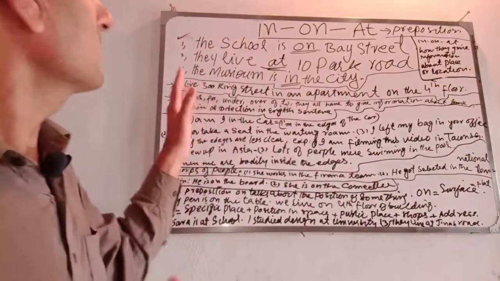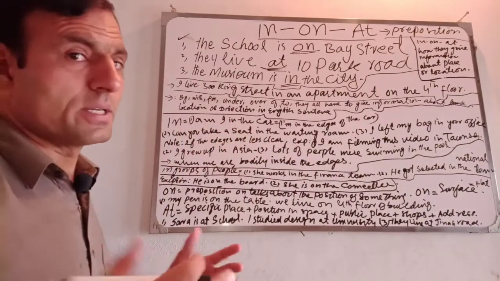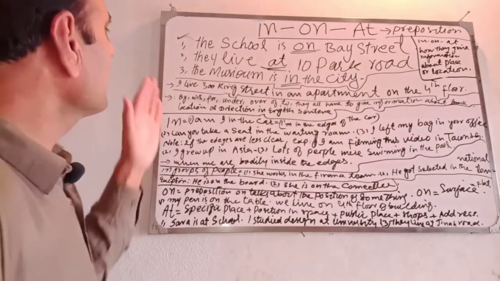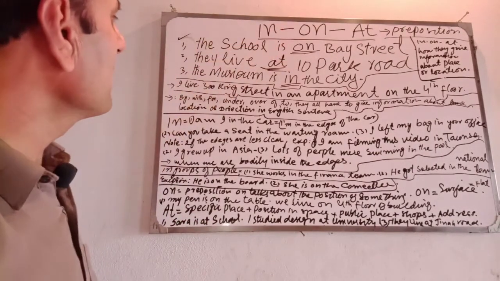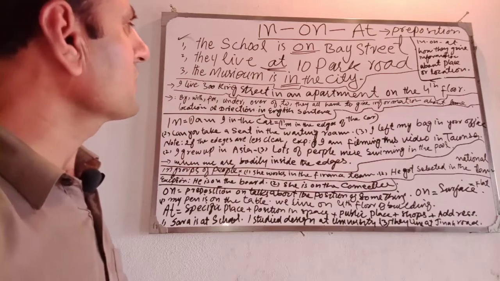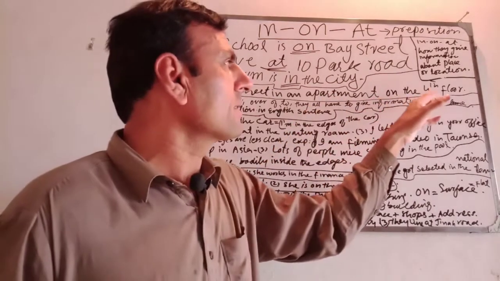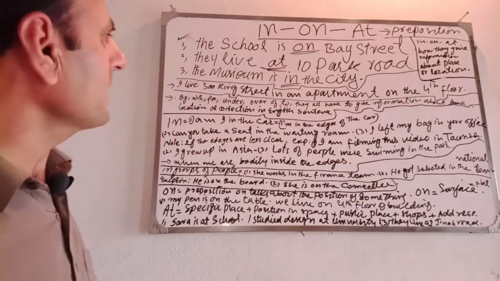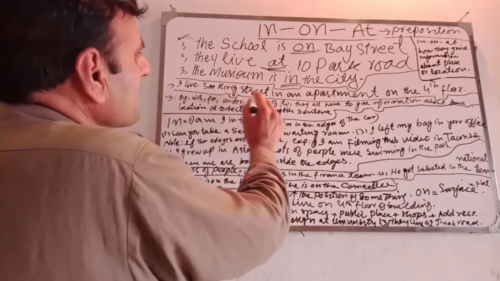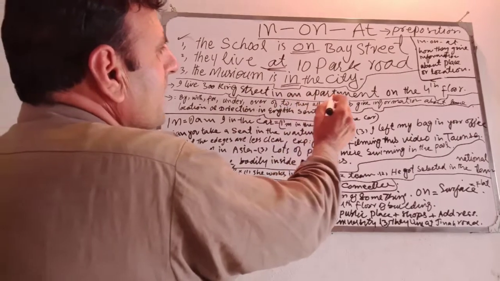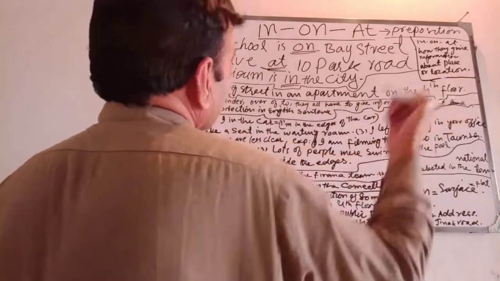Okay, see here. This is easy, but it is somewhat crazy as well. See here about in: I live at 300 King Street in an apartment on the 4th floor.